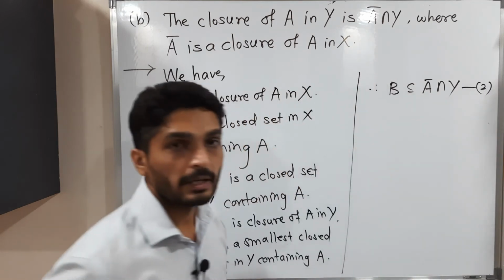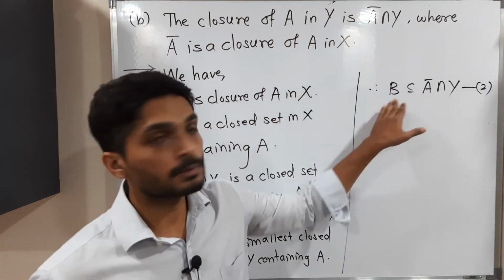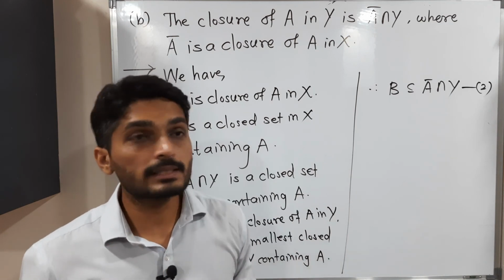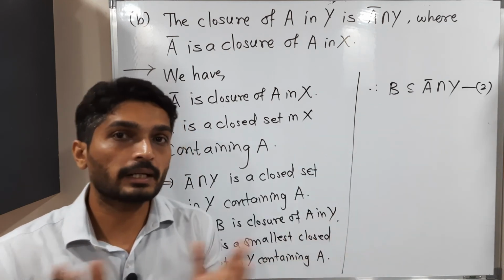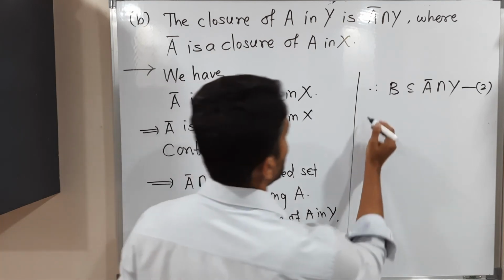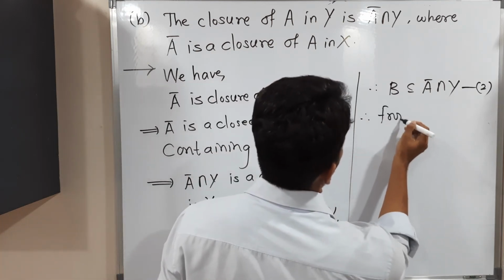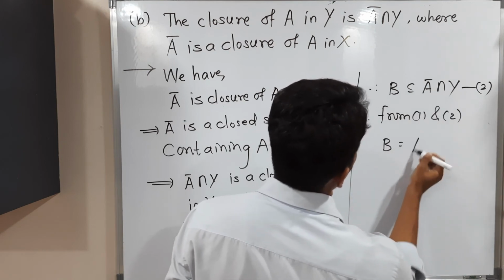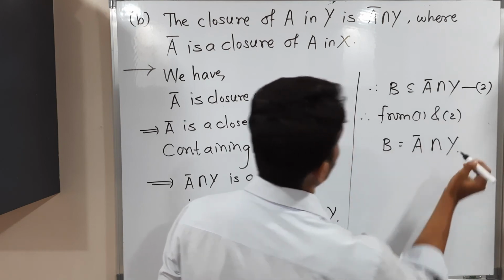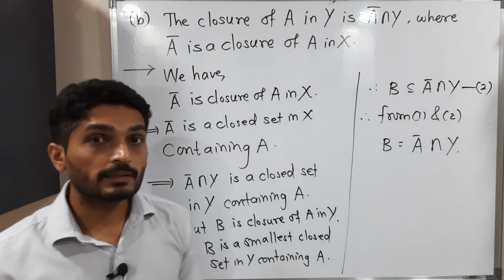See, in statement 1 we say this is a subset of B. In statement 2 we say B is a subset of that one. So from 1 and 2 we can combine and say both of them are equal. So therefore, B is equal to A bar intersection Y. What is our B?